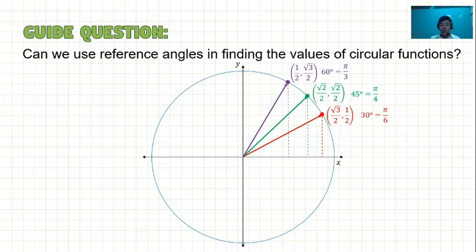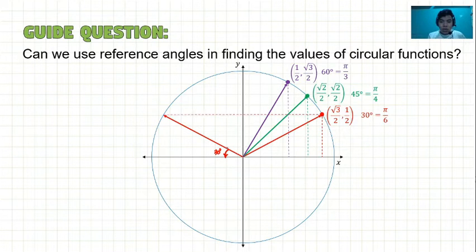Okay, so let's start with 30 degrees. Now, suppose we are going to examine the angles in quadrant 2 with reference angle na 30. And that is this angle. So this one here, from the terminal side to the x-axis, this is equal to 30 degrees. So from that, observe that this angle here is just the reflection of our angle na 30 degrees sa quadrant 1, right?